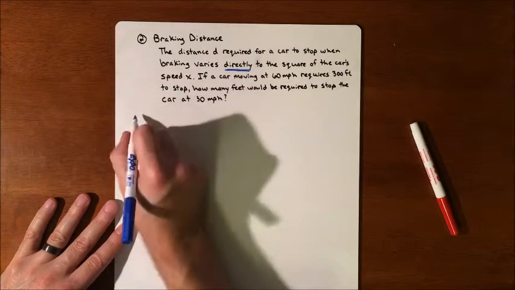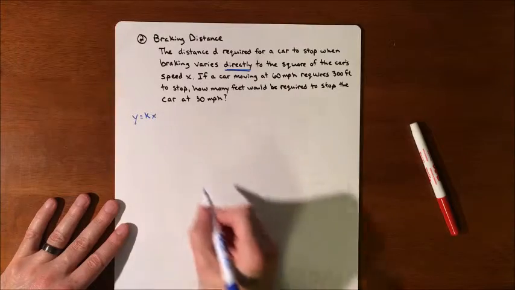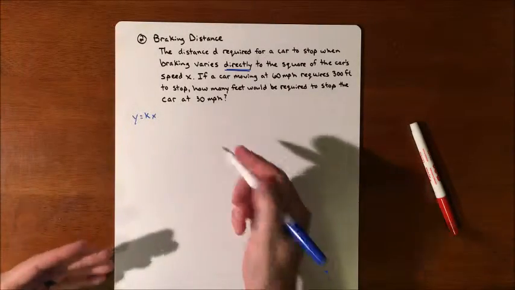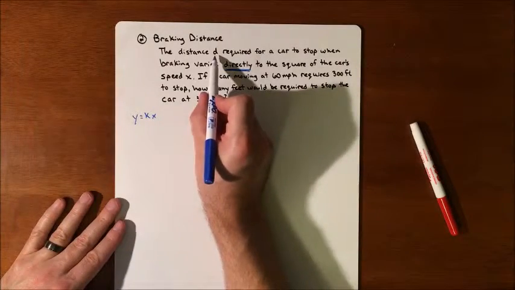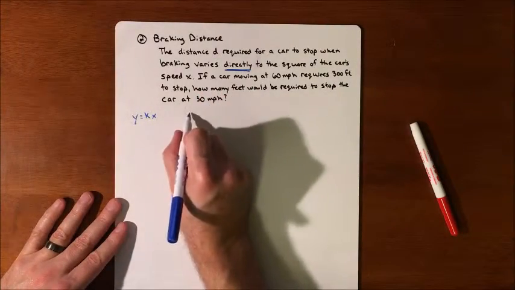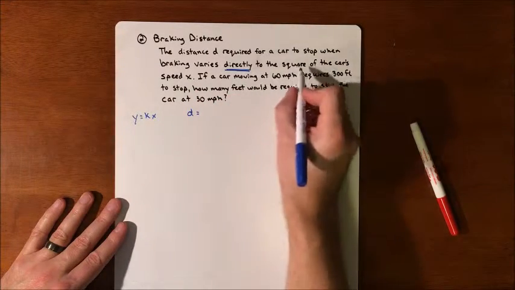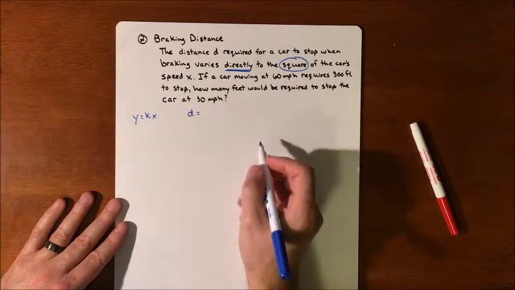So the fact that it's a varies directly, I'm thinking of this kind of equation. All right, but again, I got to relate it to the variables and everything that they're talking about here. So it does say that the distance d, so that would be our y value, the distance d varies directly to the square of the car's speed.